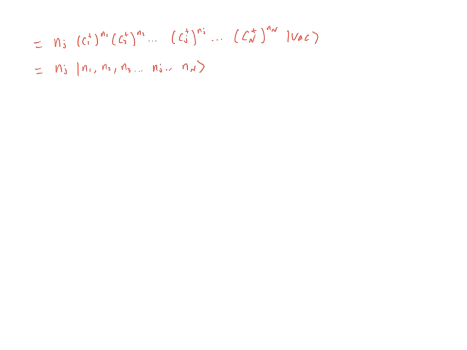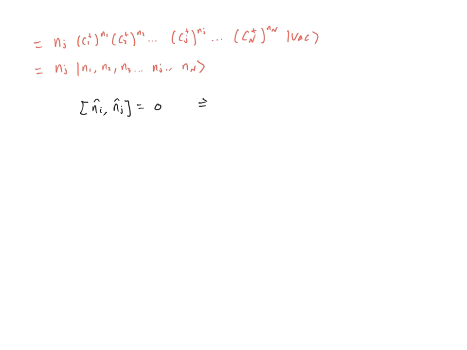One other important thing that we need to prove is that the commutator of ni with nj is equal to 0. And that's extremely easy to show. Again, we can use the commutation relations and the anti-commutation relations of the operator to show this.